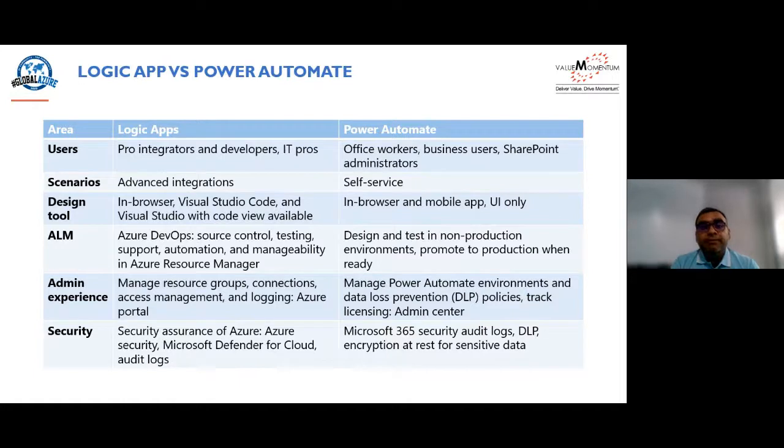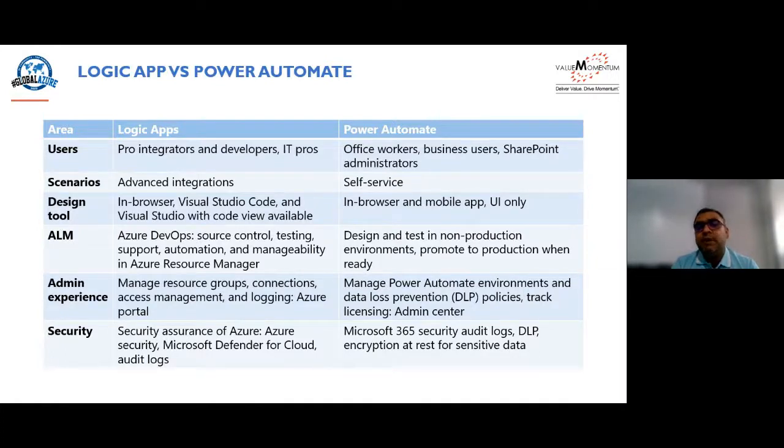Coming to ALM, in the case of Logic Apps, since it is keeping developers in mind, all DevOps features you can use from end to end. So it supports that. Power Automate is basically for business users, so they may not require the entire DevOps feature.